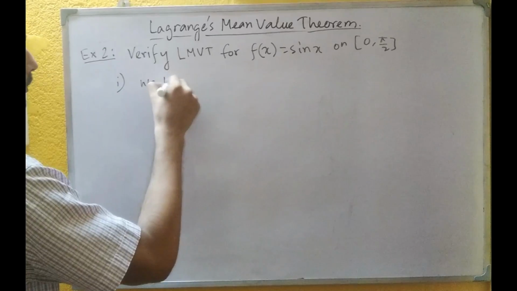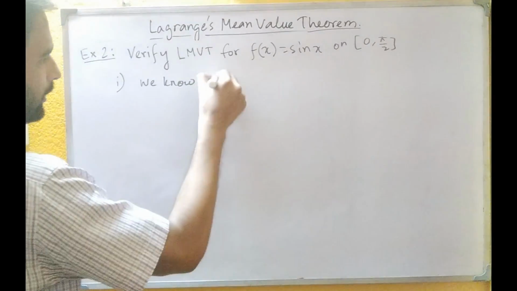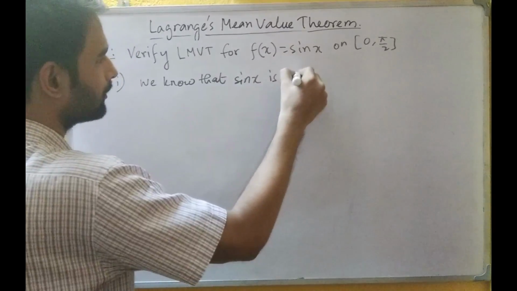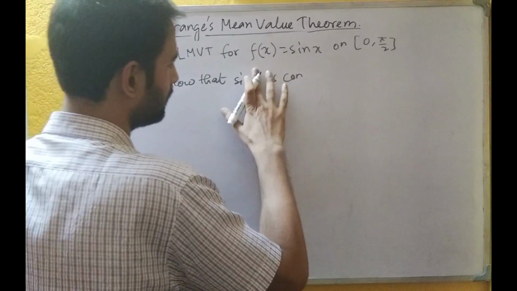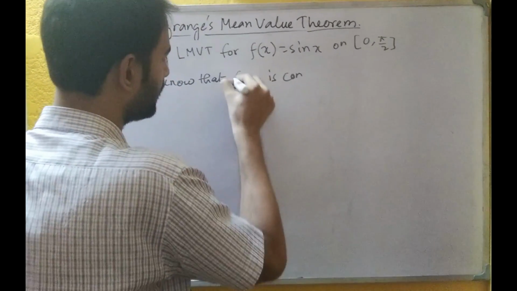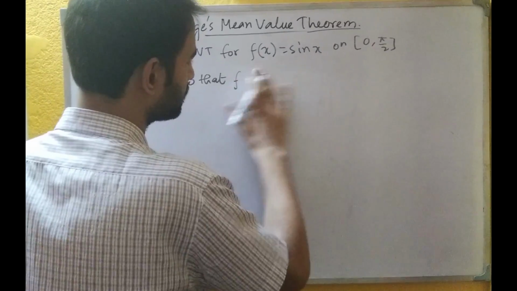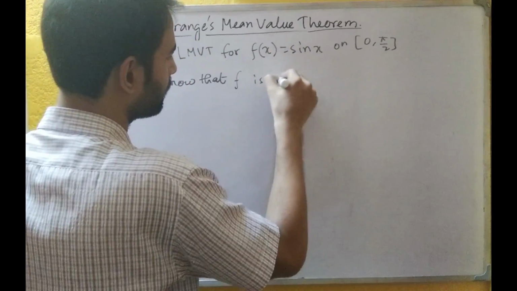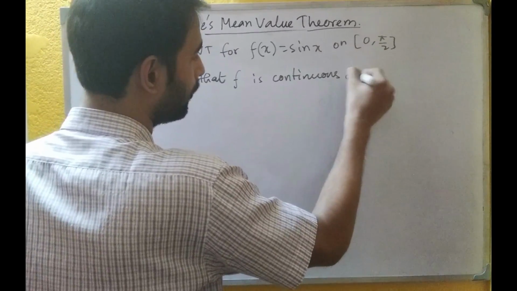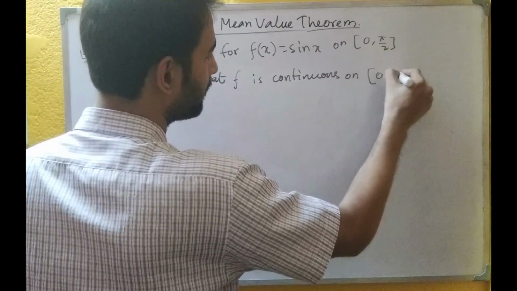So we know that sin x, we write it as f. We know that the function f is continuous on the closed interval 0, pi by 2.